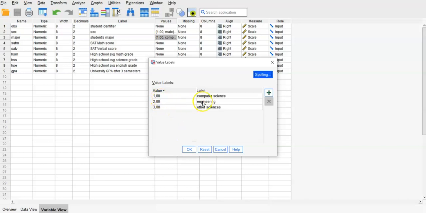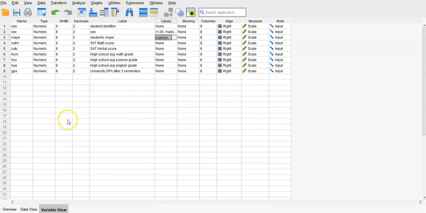Number one means computer science, number two, engineering, number three, other sciences. If this was not determined, you have to put the values 1, 2, 3 to indicate that each number means these labels. Okay, so this is done.